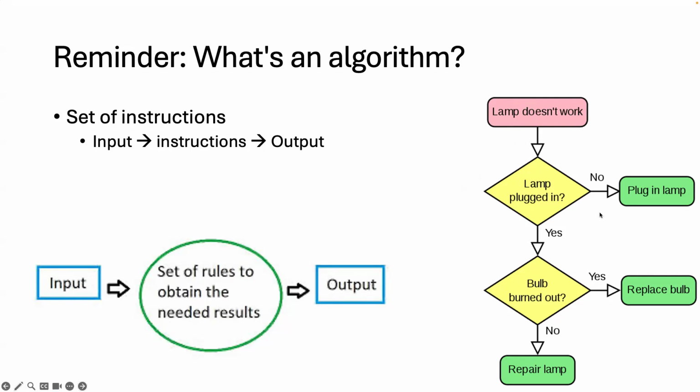If it's not plugged in, then the output is clear: we have to plug in the lamp. Then we check, is the bulb burned out? If the bulb is burned out, we have to replace the bulb. Otherwise, there's something else going on and we have to repair it. So it's a series of steps where we ask different questions. And as a result, hopefully the output is the lamp works.